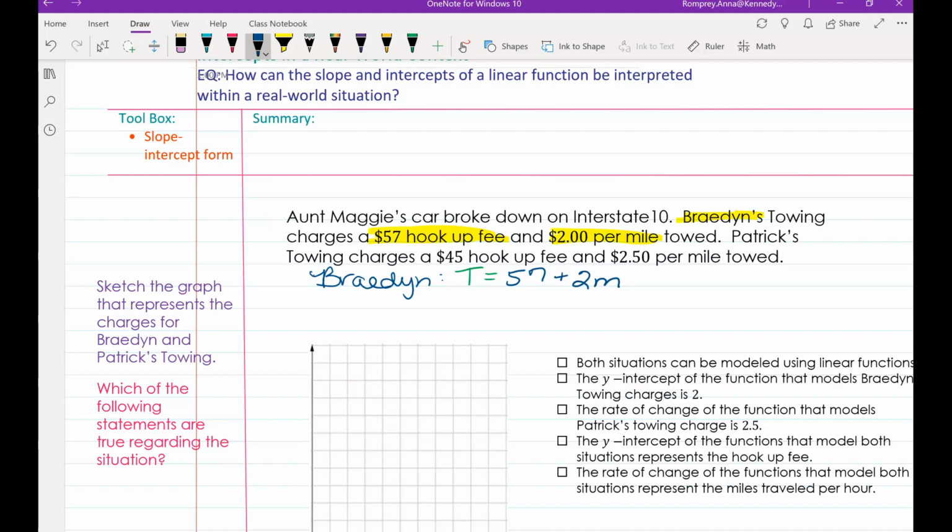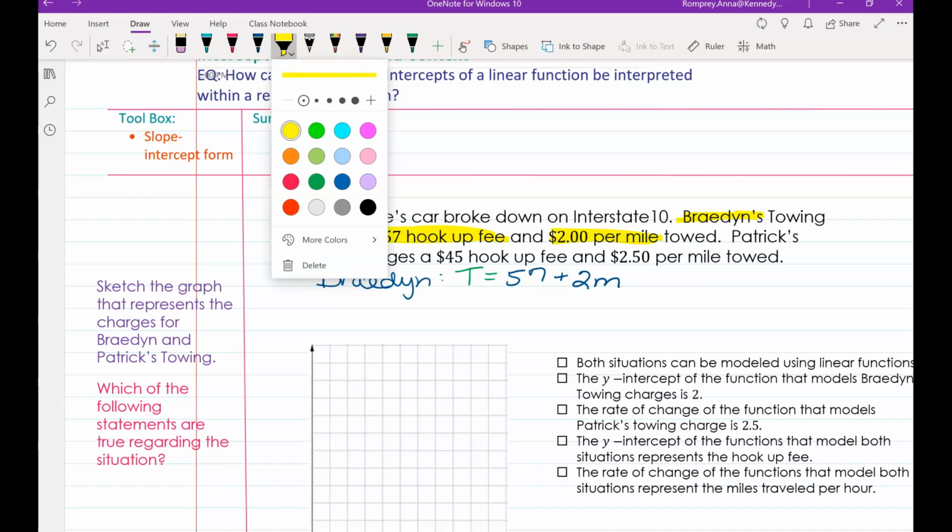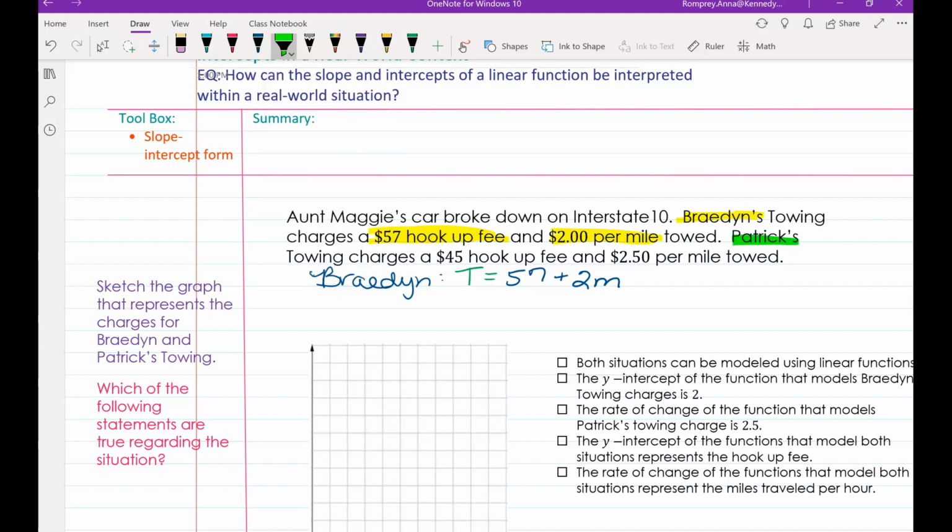And then Patrick is a $45 hookup fee and $2.50 per mile. So T equals, so a $45 hookup fee plus $2.50 per mile. And if you wanted to put the zero, you absolutely can.